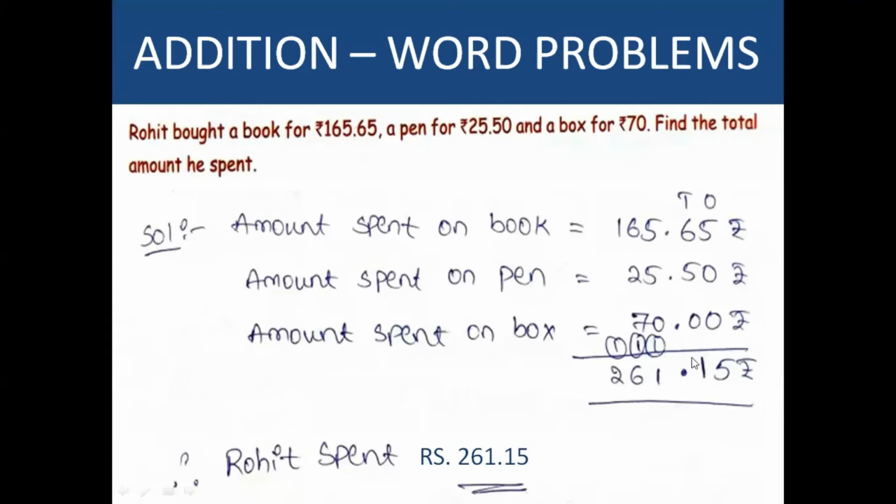Next, 5 plus 5 plus 0 plus 1, 11. 6 plus 2 plus 7 plus 1, 16. 6 down, 1 carry over. 1 plus 1, 2. Now see, Rohit spent 261.15 rupees.